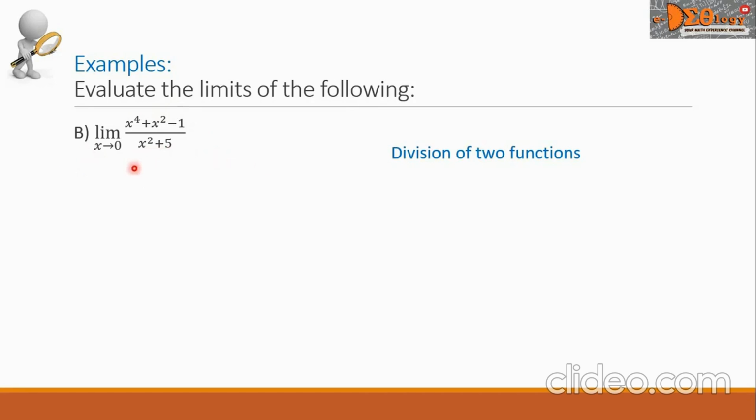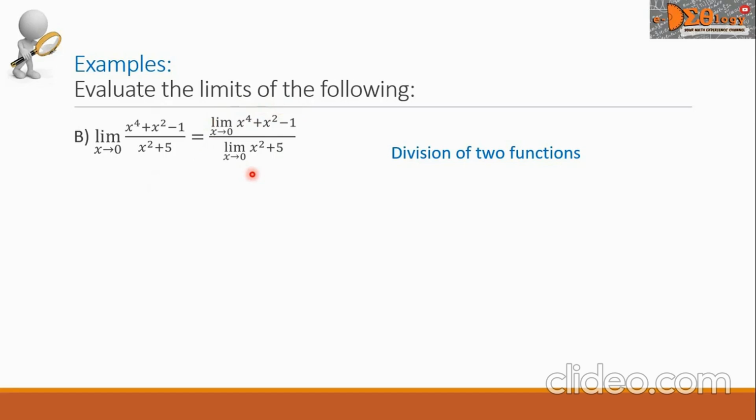So in here, we're going to take the limit of the numerator and the limit of the denominator as x approaches 0 respectively. So we write here the limit of x raised to 4 plus x squared minus 1 as x approaches 0 all over the limit of x squared plus 5 as x approaches 0.